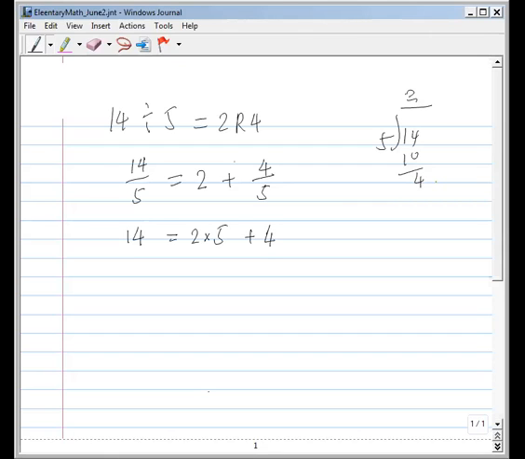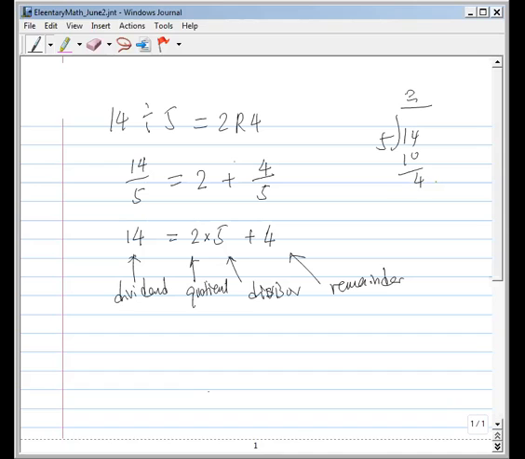This is called the dividend, this is called the quotient, this is called the divisor, and this is called the remainder. So that's a relationship. If you are given three of them, you can figure out the other.